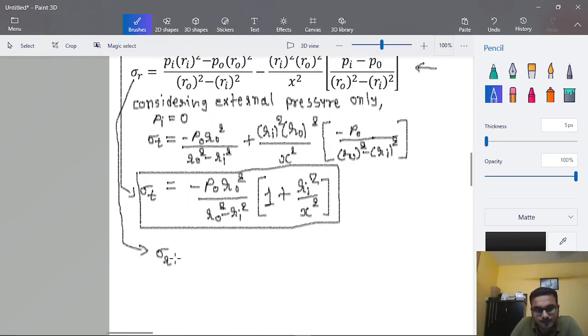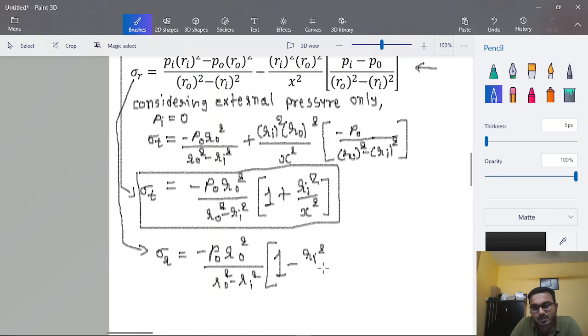Sigma r is equal to minus Po Ro square divided by Ro square minus Ri square into 1 minus Ri square upon x square.